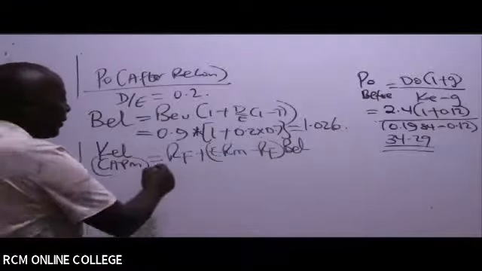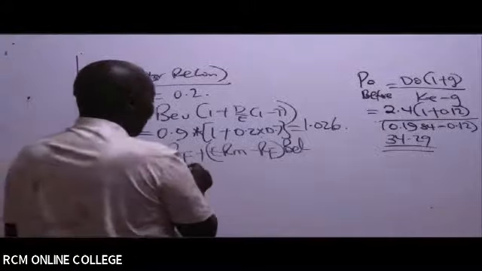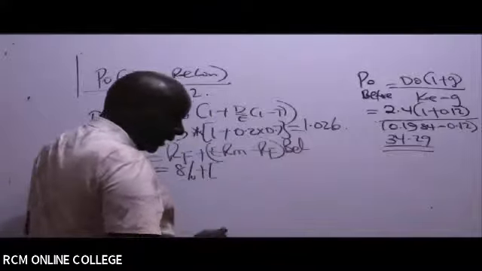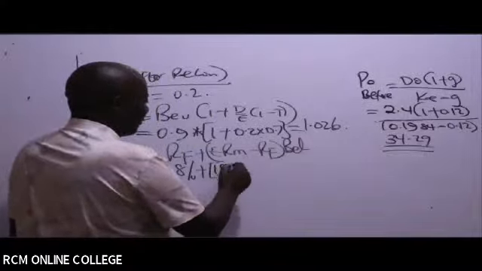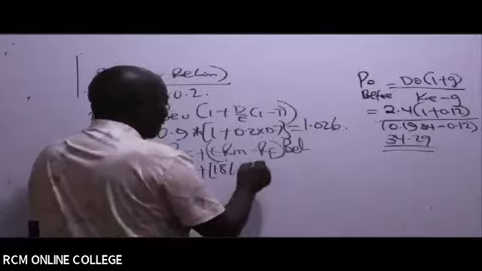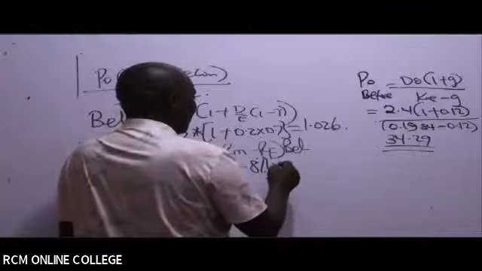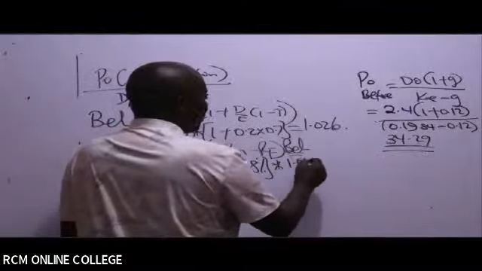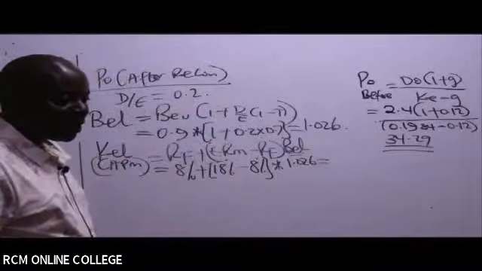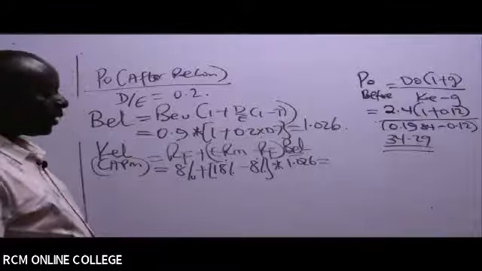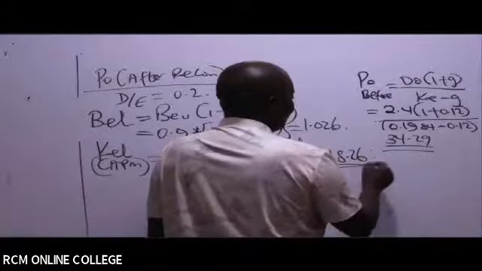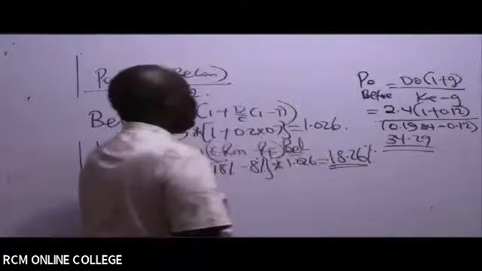Risk-free remains 8% or 0.08, plus ERM is 18, minus risk-free, which is 8, multiplied by our Bell of 1.026. Great. So according to CAPM, we have 18.26. Thank you so much.